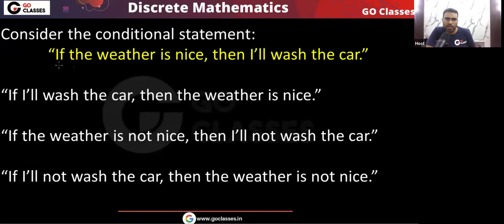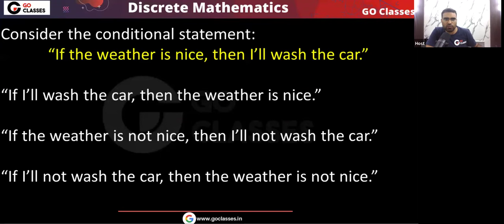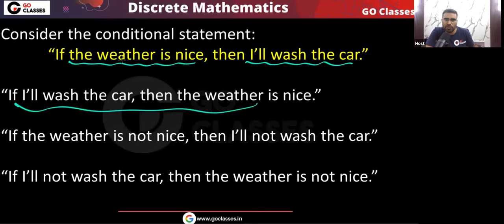For example, if you have this conditional statement, tell me, is this converse, inverse, or contrapositive? Let's see this one. This is our conditional statement: if the weather is nice, then I will wash the car. For this, the first one is converse.